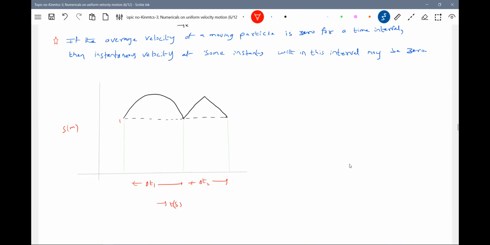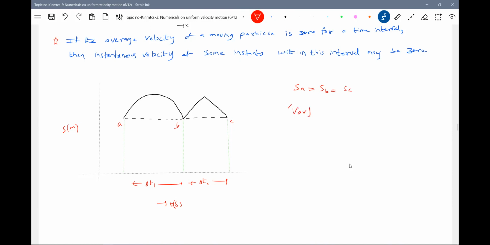So for positions 1 and 2, the average velocity will be 0. Agree? For the time interval AB, I'll write the symbols: SA equal to SB equal to SC. Let me call this first and this second.